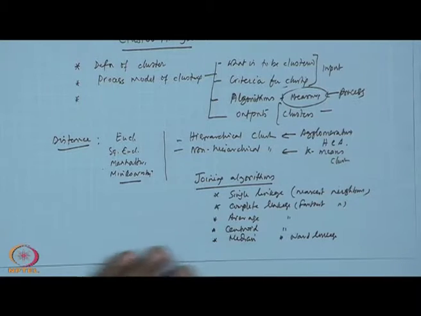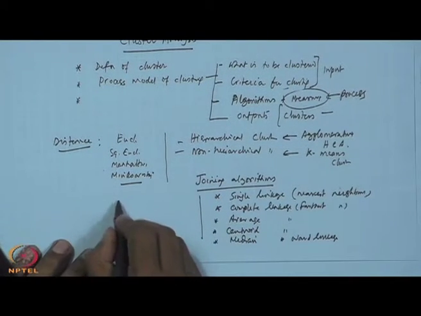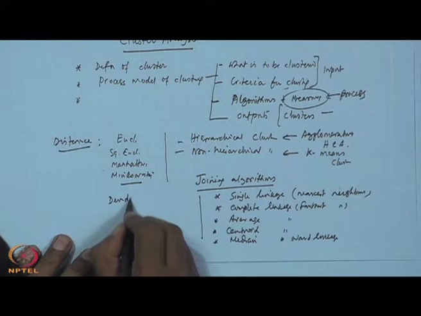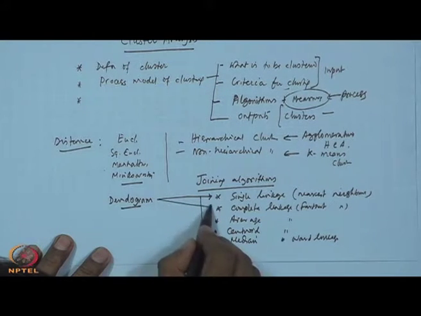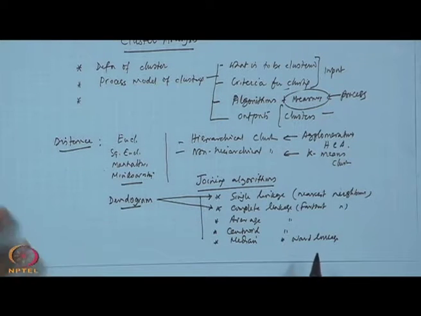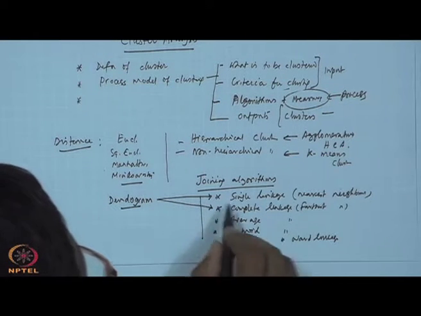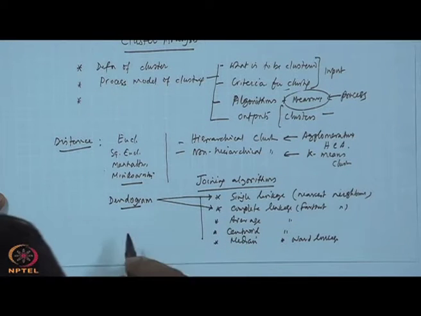Okay, and we also discussed something called dendrogram, particularly using single linkage and using complete linkage we have described. So now we will start with this single and complete, then we will go to average, centroid, all those linkages.